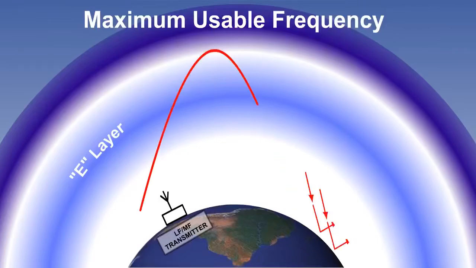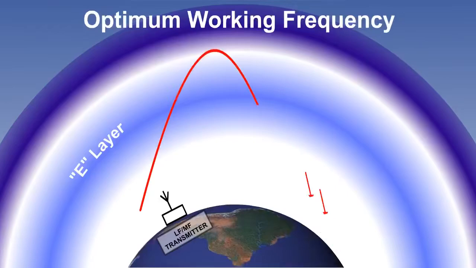It is usually highest at noon, when ionization levels are at their highest. However, because of the inevitable ionospheric fluctuations, a compromise frequency is used, which is called the optimum working frequency. This avoids the possibility of the frequency occasionally being too high and the skip distance being too great.